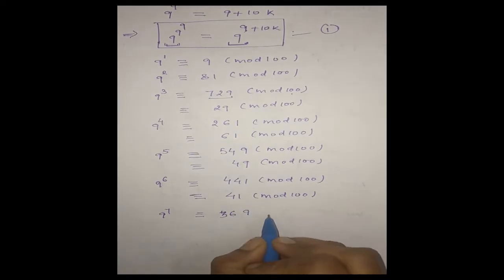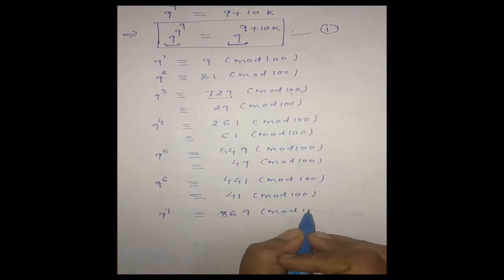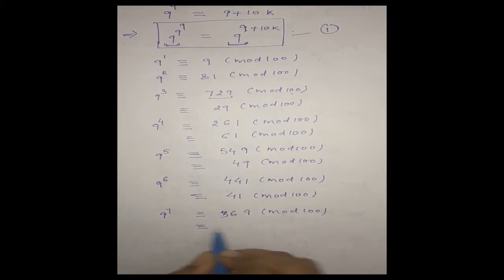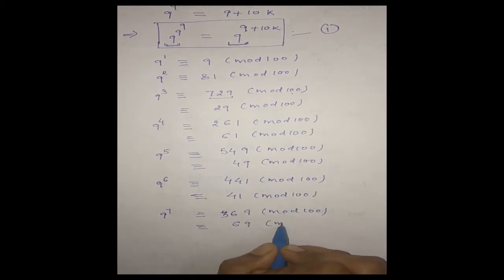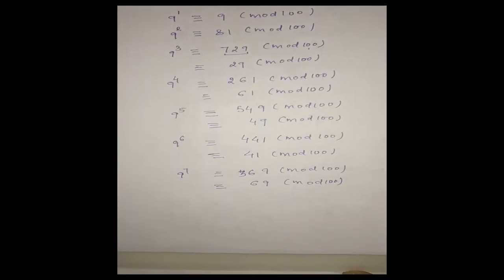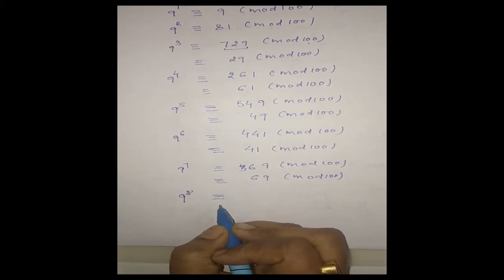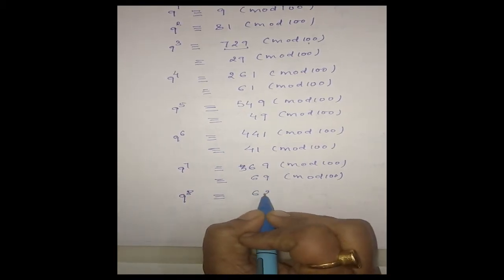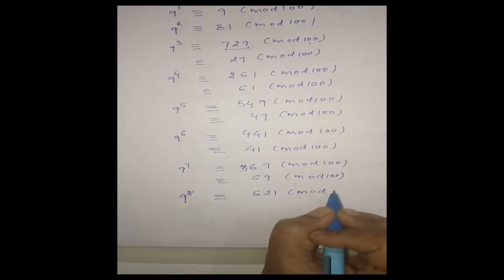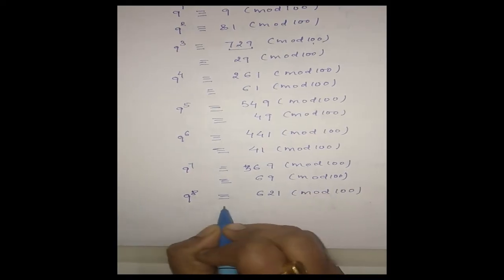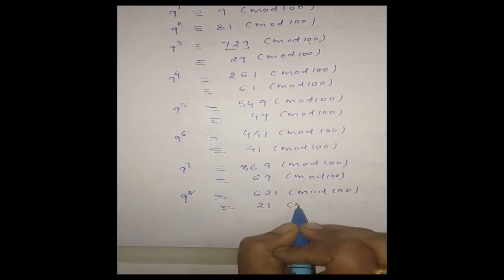Clear? This is modulo 100. And on dividing by 100, the remainder is 69 modulo 100. Okay. Now, same way we will find 9 power 8. 9 power 8 will be, and on dividing by 100, this will be 21 modulo 100.